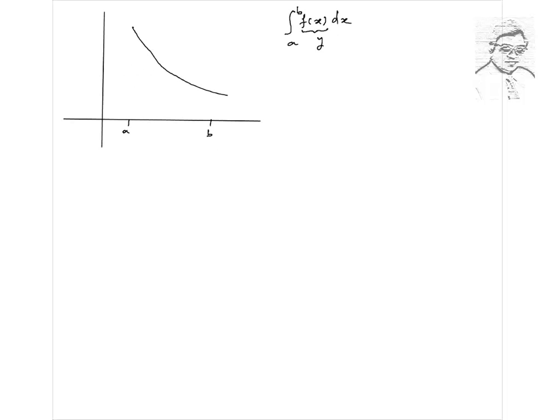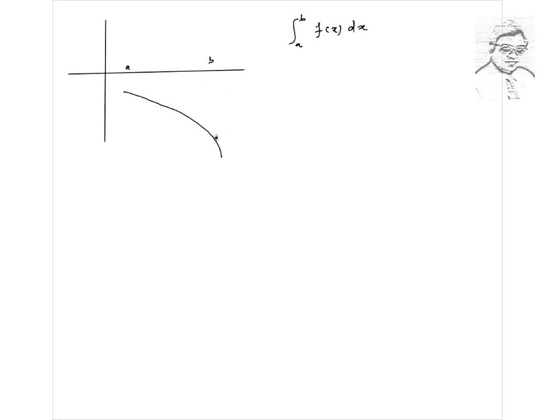In this case, there will be no problem. Whether algebraic or geometric, you are going to get a positive answer only. So you have to take mod.